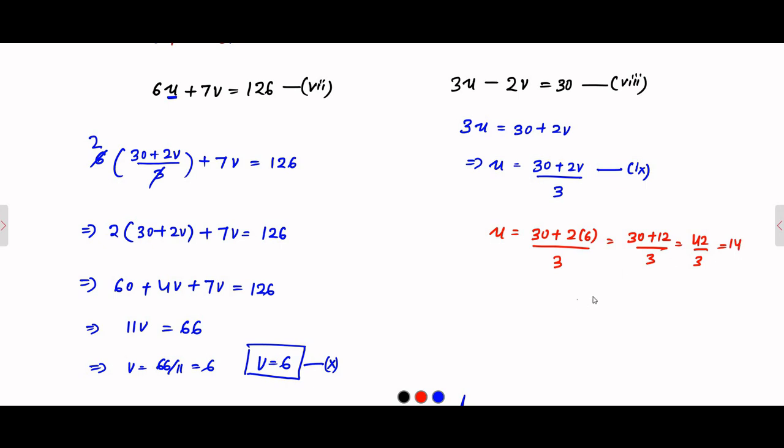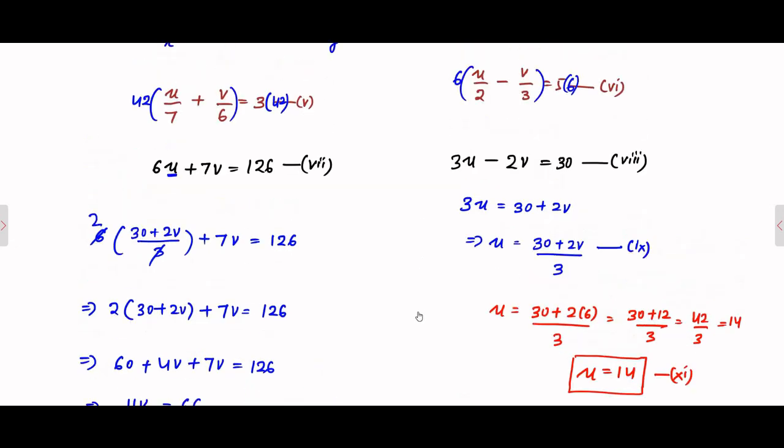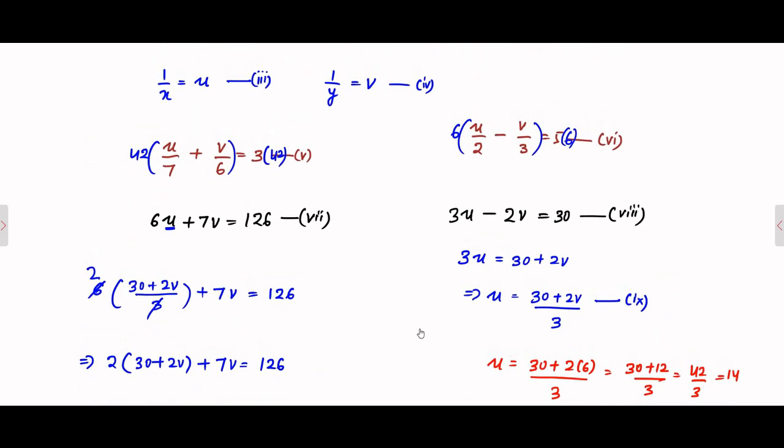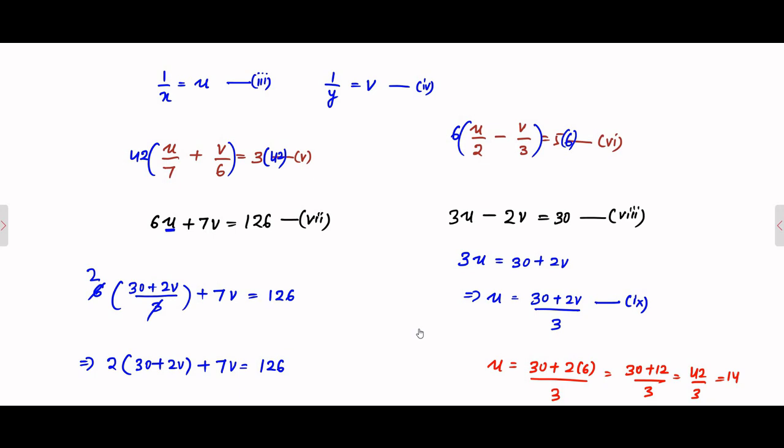So we have u is equal to 14. So we have got u is equal to 14 and v is equal to 6. We made the substitutions for u and v: 1 by x is equal to u and 1 by y is equal to v.